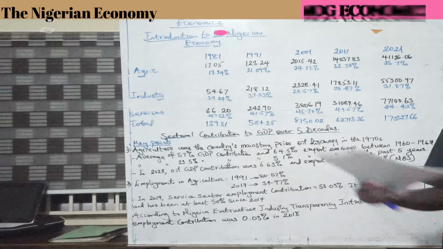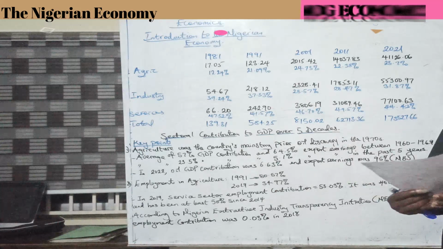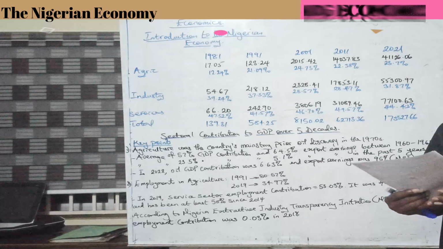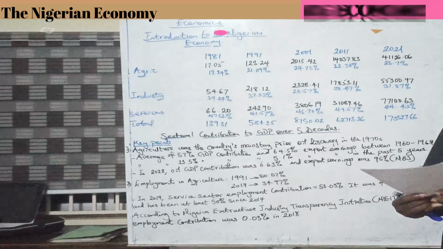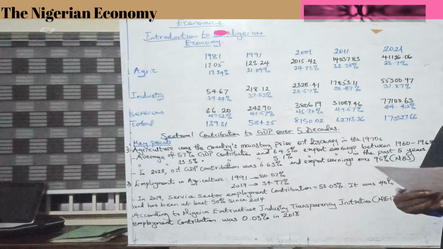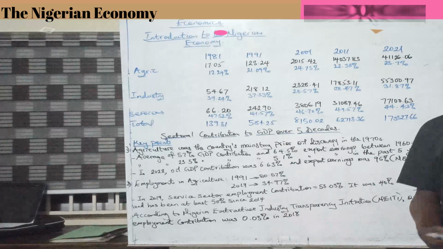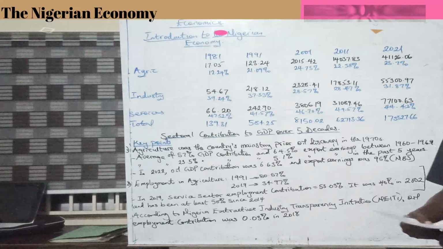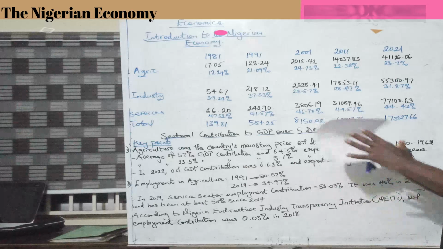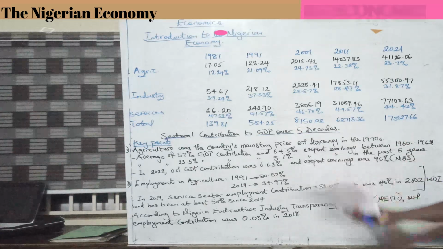So it's not inclusive. It makes your export earnings very high, but it's not helping as many people as possible. So it's causing crisis in the Nigerian economy. So that's the story behind a lot of things going on in Nigeria now.